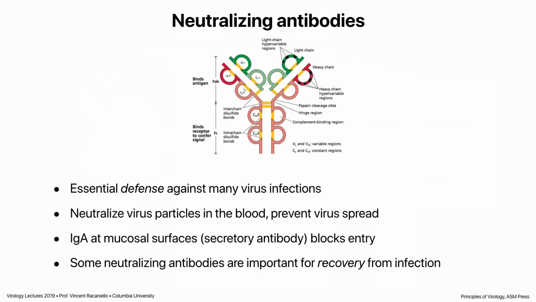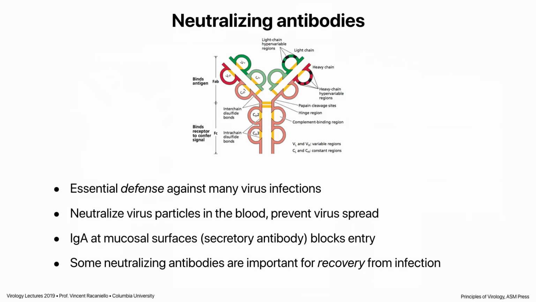These antibodies can neutralize virus particles there as well, or in other tissues, need not be in the blood. But it so happens that there's a high concentration of them in the blood, and we measure them often by looking in the blood. So the antibodies in your blood, if the virus happens to spread in the blood, can neutralize infectivity. Of course, if the virus doesn't enter the blood, they're not going to have any effect there.